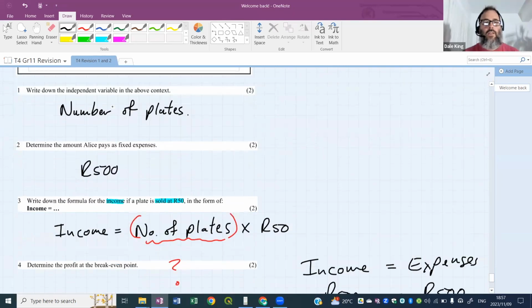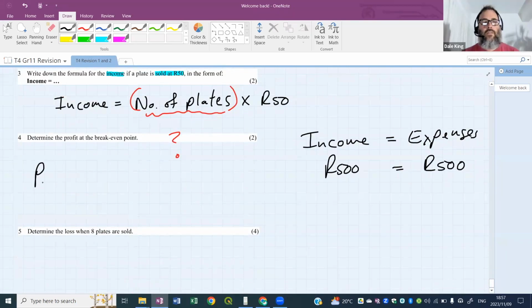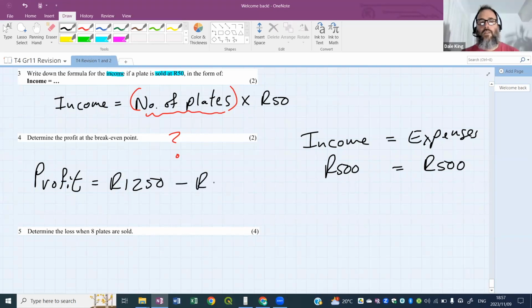All right. So we'll play the game. We know what it is, but we'll play the game, yeah? We know the expenses or income is 1,250. We know the expenses are the same. It's 1,250. You could put any number that's similar like that. I used 500 and 500 as an example, and that will give you a profit of 0. Okay, it's a trick question.